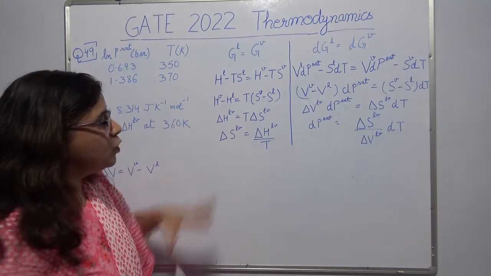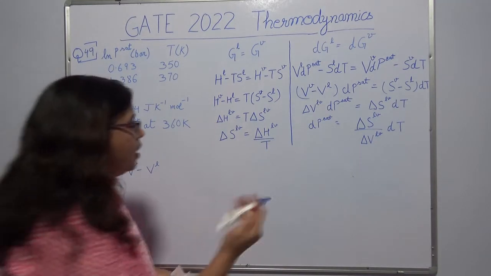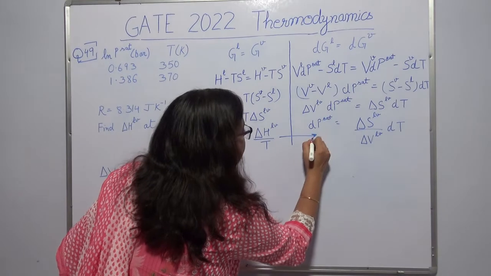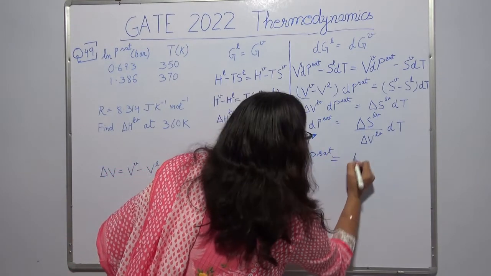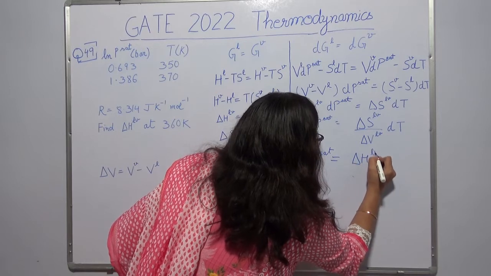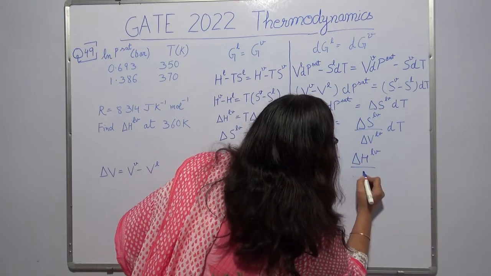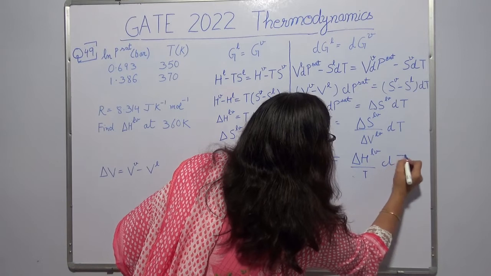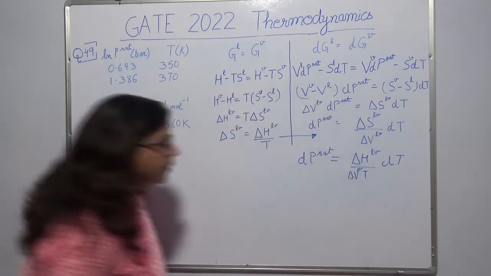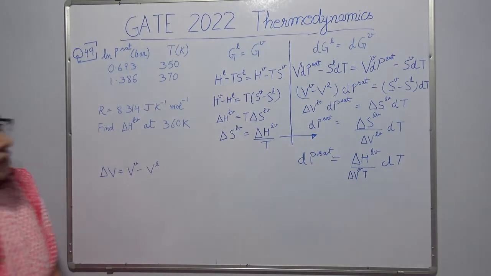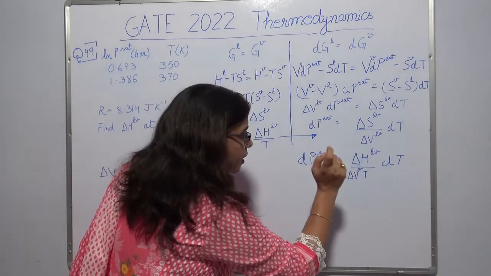Now I am going to put this quantity in this, and what I get is dP sat equal to delta H_LV upon T dT, and that also has delta V_LV. Now I have to calculate delta H_LV.